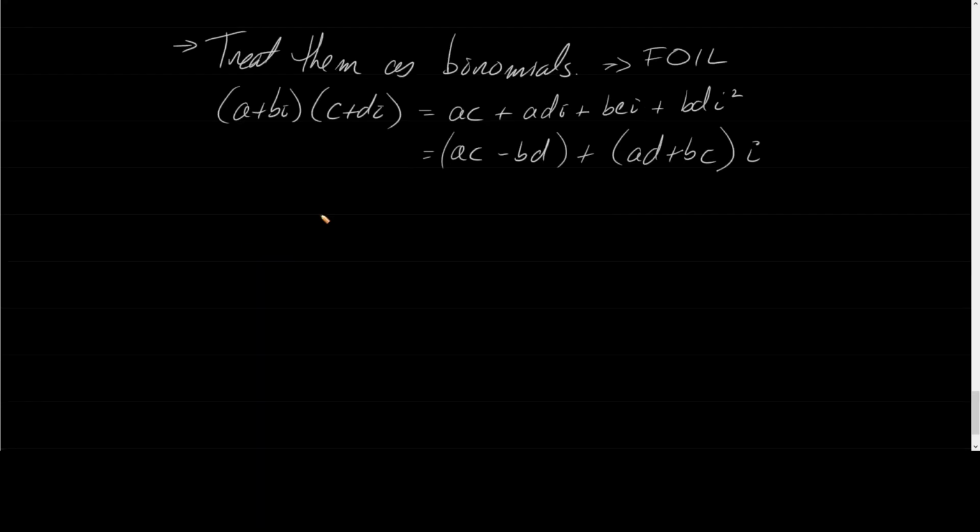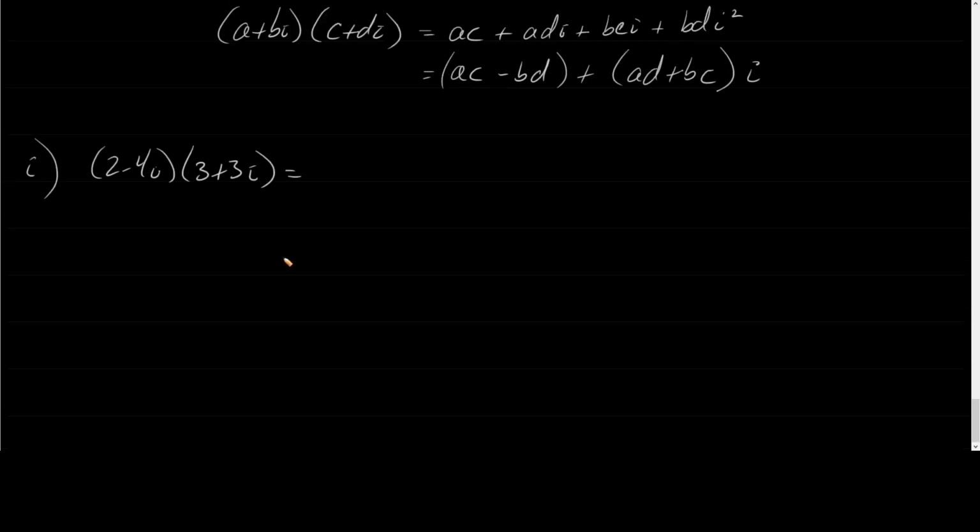So let's say that I had something like 2 minus 4i times 3 plus 3i. And what we're going to do here is FOIL it. So 2 times 3 is 6. 2 times 3i is 6i. Negative 4i times 3 is negative 12i. Negative 4i times 3i is negative 12i squared.